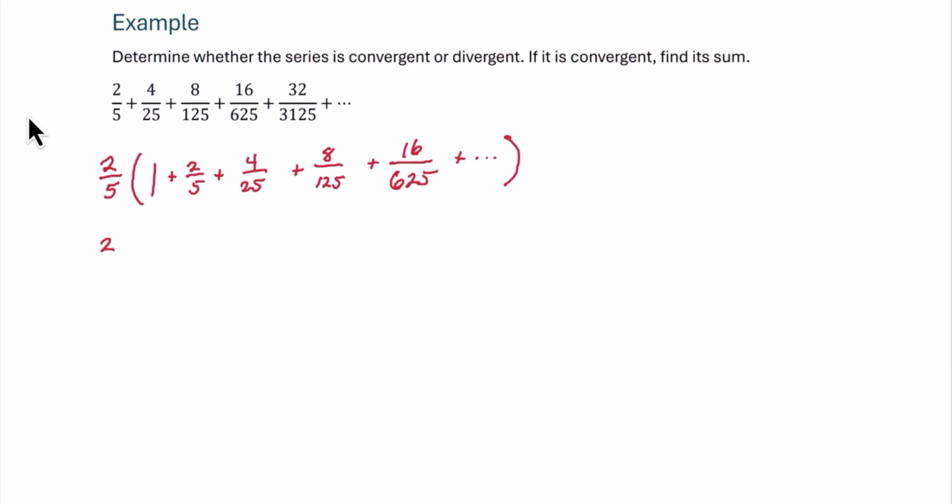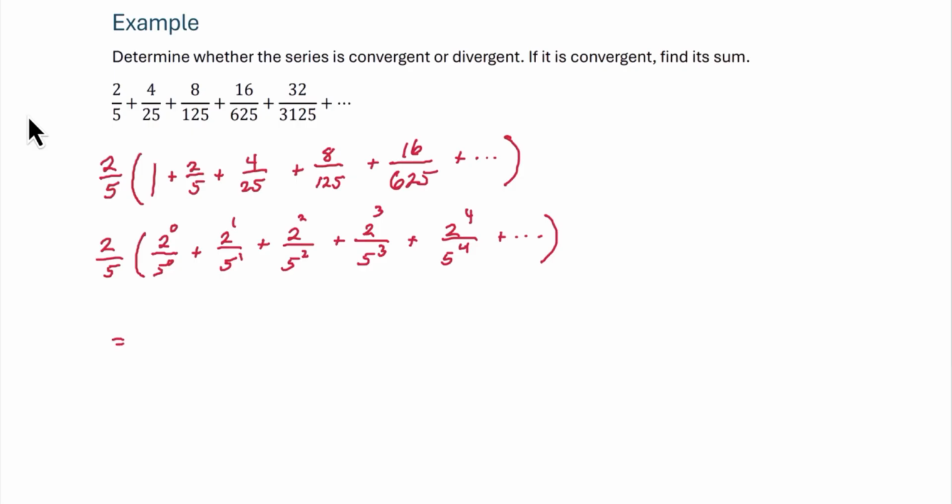Let's see if we can rewrite this now. We can think of this as 2 to the 0 divided by 5 to the 0 plus 2 to the first divided by 5 to the first. Looks like that'll be 2 squared and 5 squared, 2 cubed, 5 cubed, 2 to the fourth divided by 5 to the fourth, and that continues.